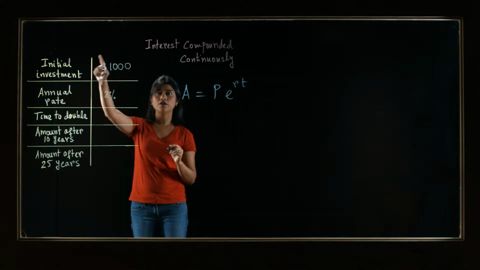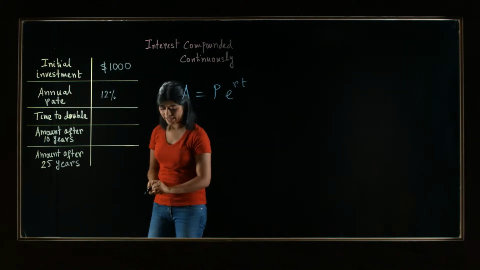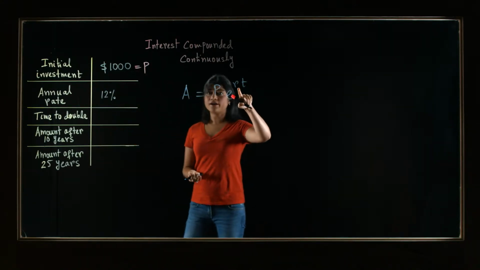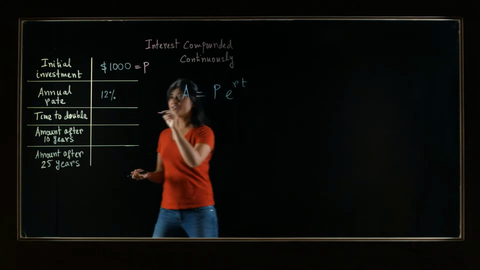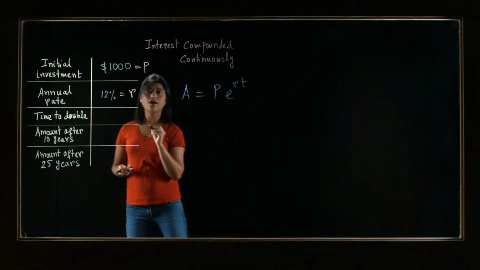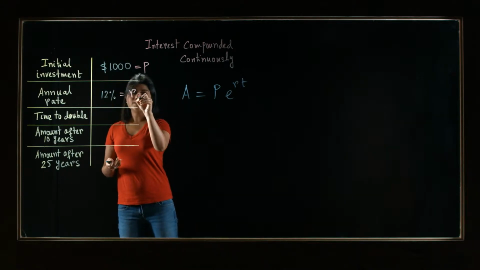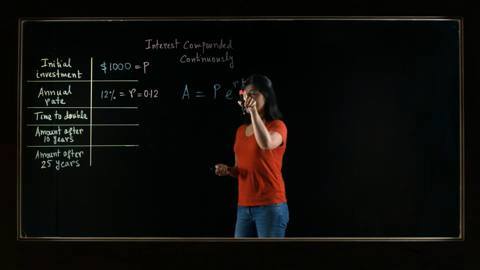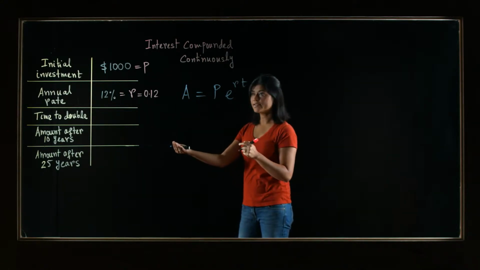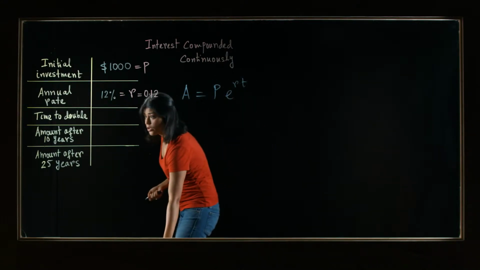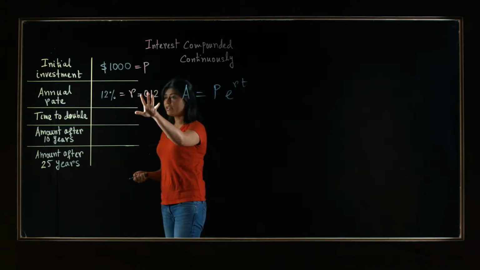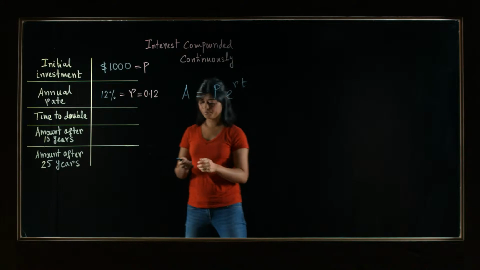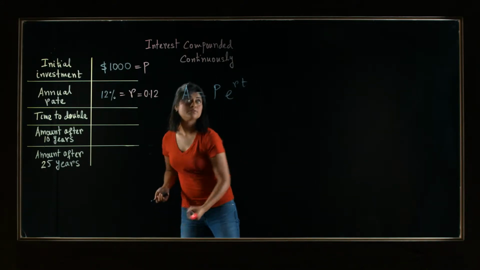So this $1,000 that's already given is the value of P. And R is the annual rate, so this 12% is our R, and this is actually 0.12. T is time and A is the final balance. All right. So we have some information given, and then we have to compute these three things and complete the table. So let's start.